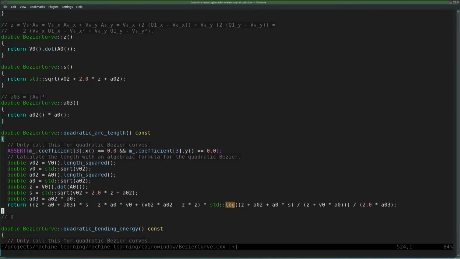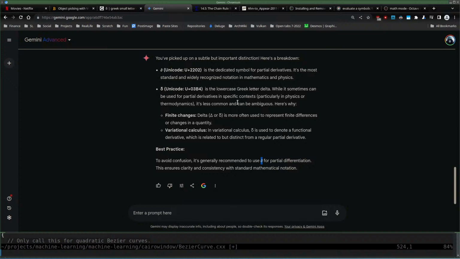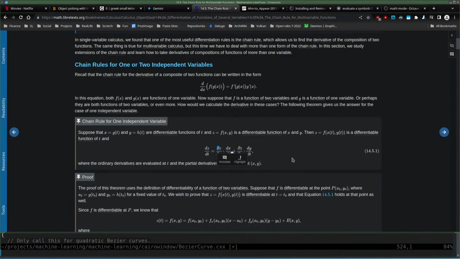Okay, but this is the straight D. The question is if you can do the same for the partial derivative then.